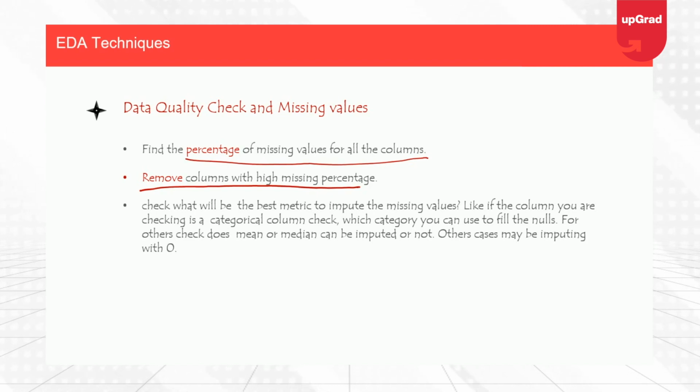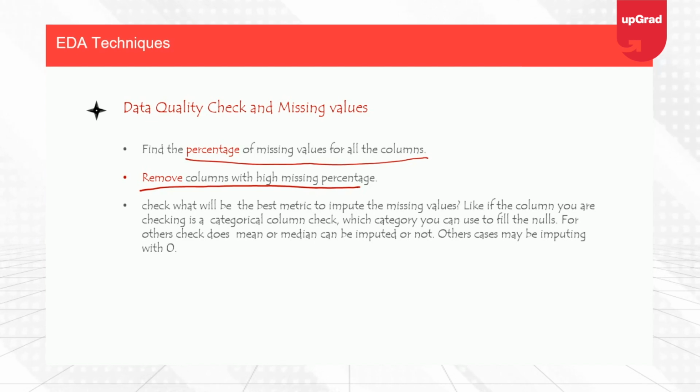That will entirely depend on the context of the data and its features. So these are the various techniques that we can use for handling the missing values. This will entirely depend on the learner's understanding of how they are going to handle it.